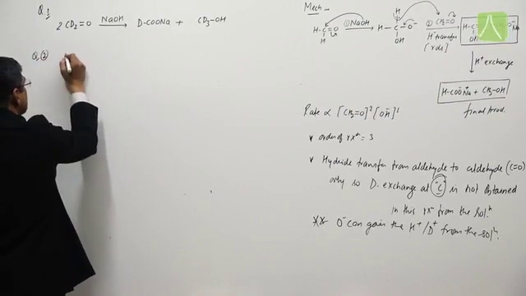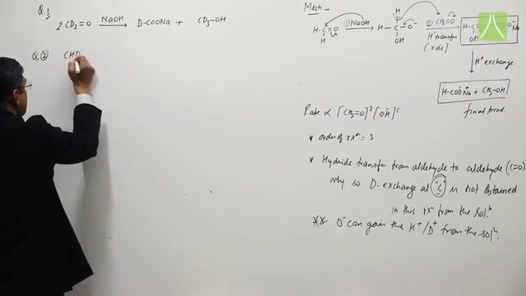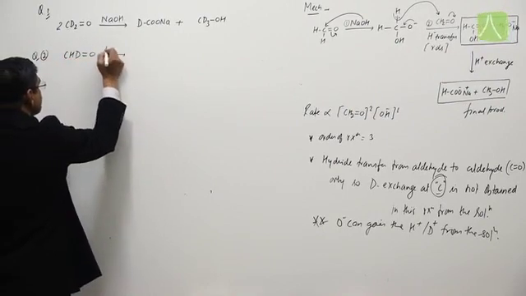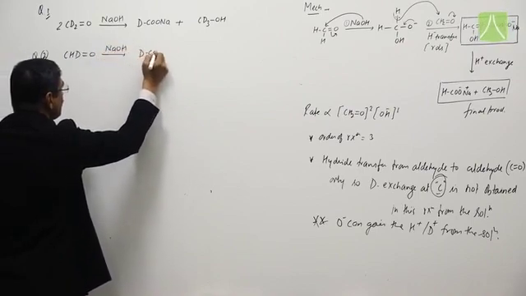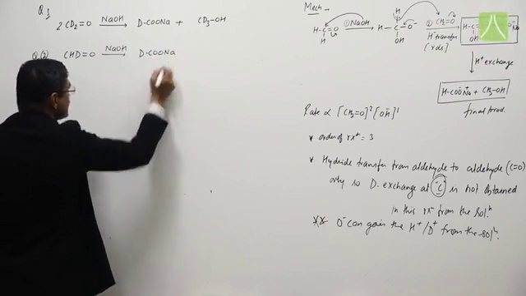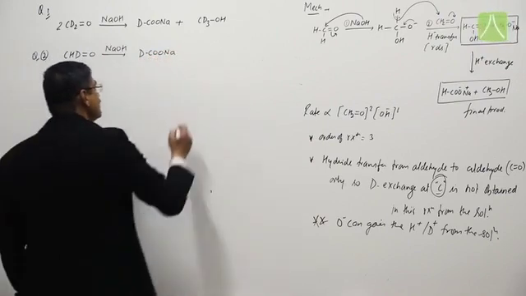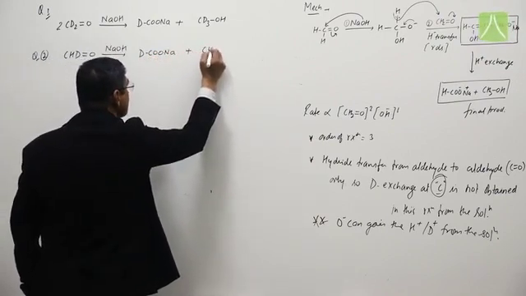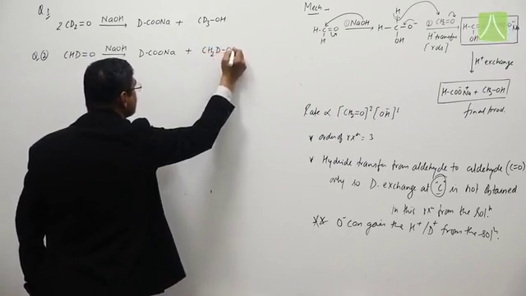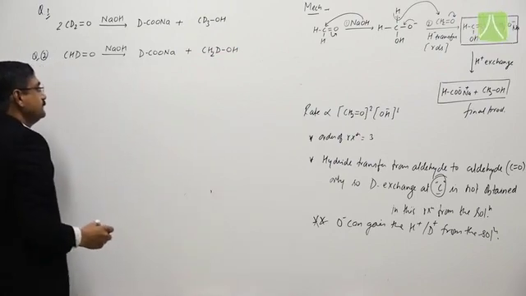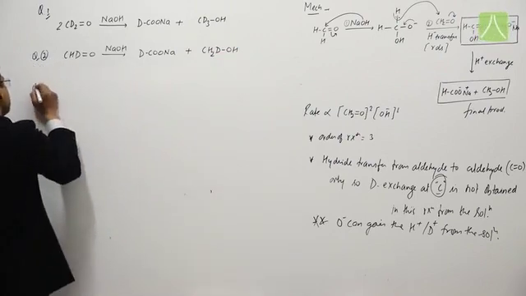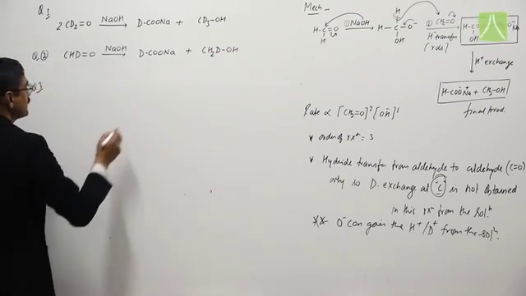Question number 2. Suppose I take CHDO. Then H minus transfers easily as compared to D minus. So 1 H transfers from the first mole to the second mole. So this is the major product.